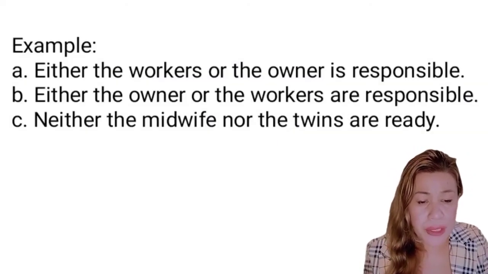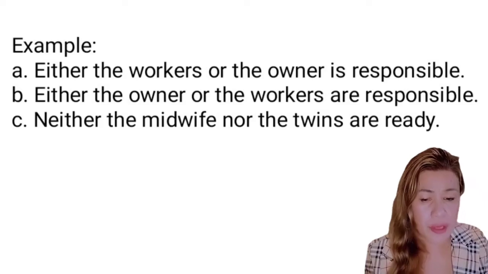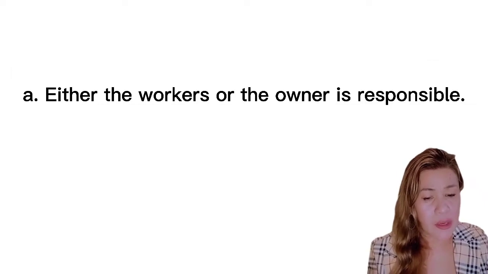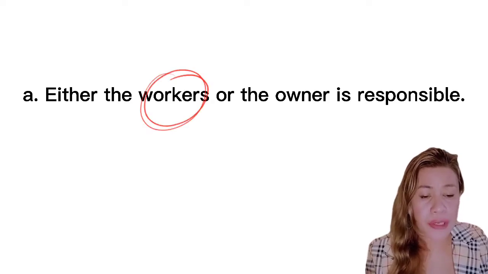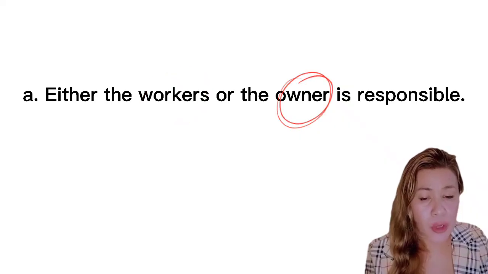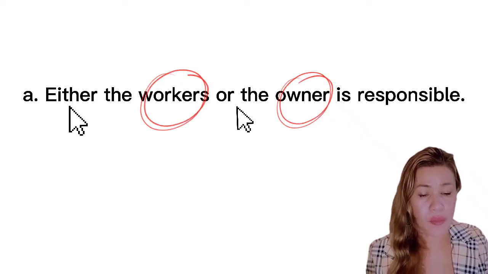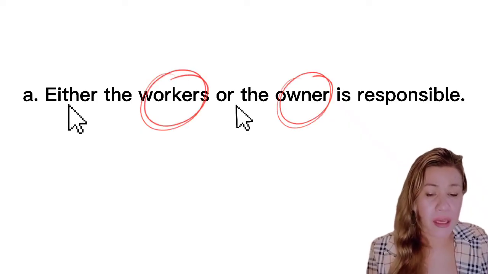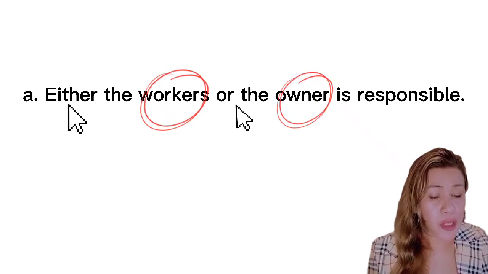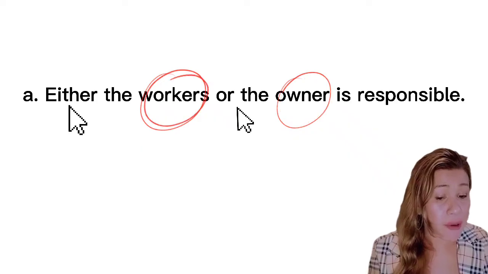Either the workers or the owner is responsible. Let's look at this. We have two nouns here, workers and owner, connected by either or. That's our connector, either or. Notice that the two nouns connected by either or differ in number.